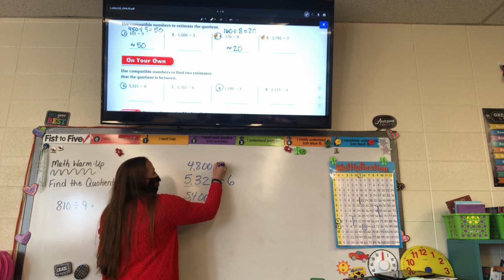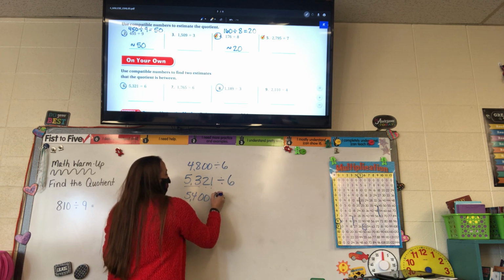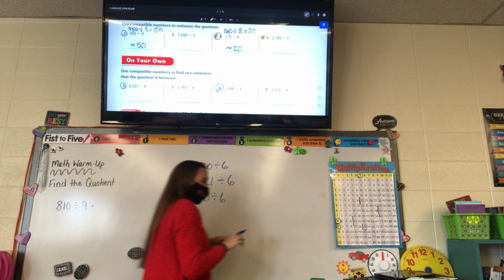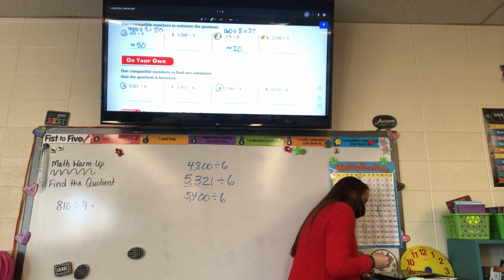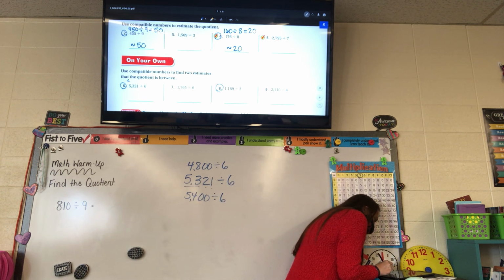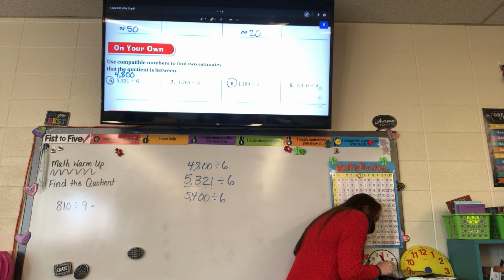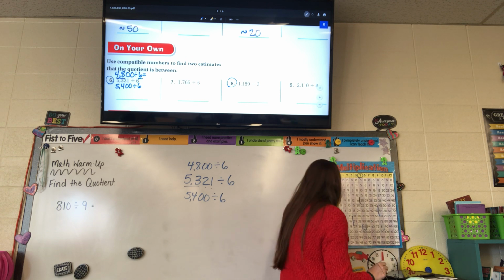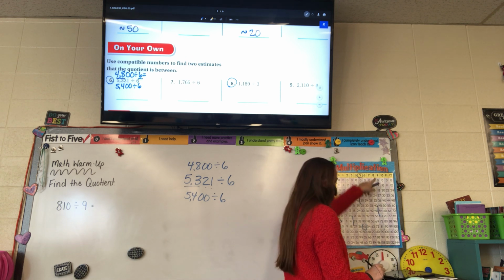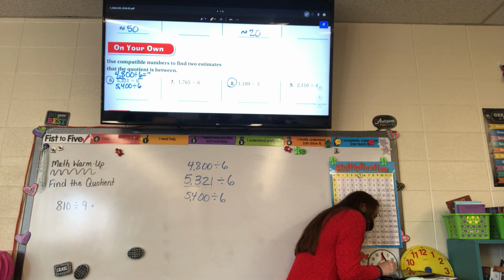And then we have to turn it into 2 problems divided by 6. So we're going to turn this into 4,800 divided by 6 and 5,400 divided by 6. When we use the basic fact, 48 divided by 6 equals 8, with how many zeros behind it? 2.